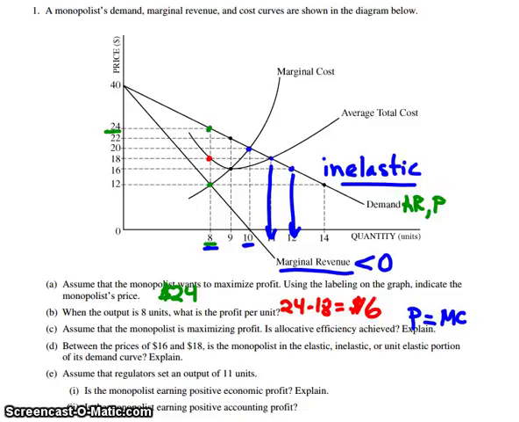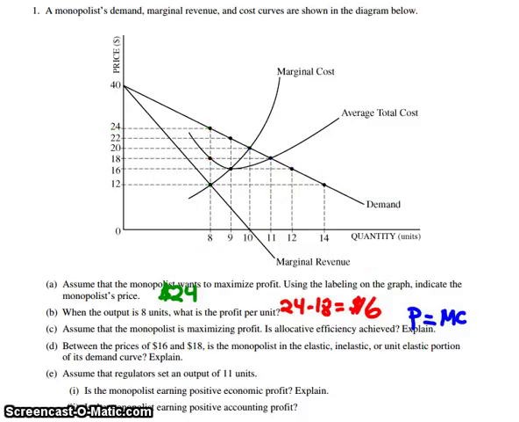Okay, for part E, let me first clear up the graph just a little bit here because it's getting a bit cluttered. If regulators set an output of 11 units, so here's 11 units, is the monopolist earning positive economic profit?